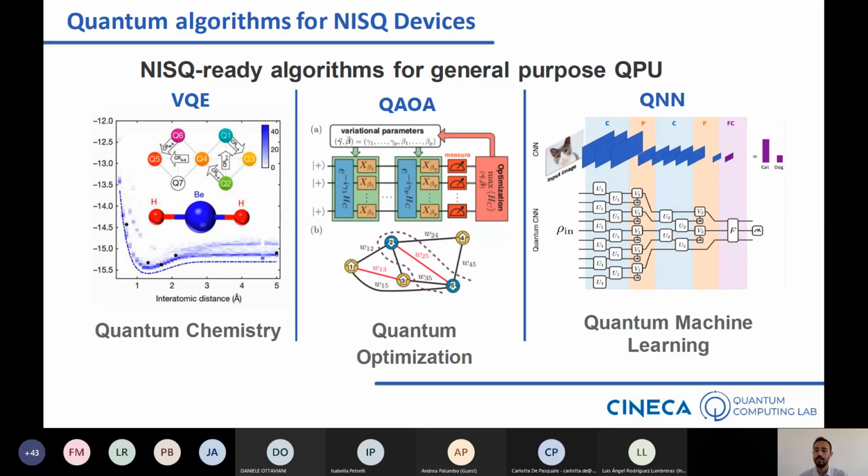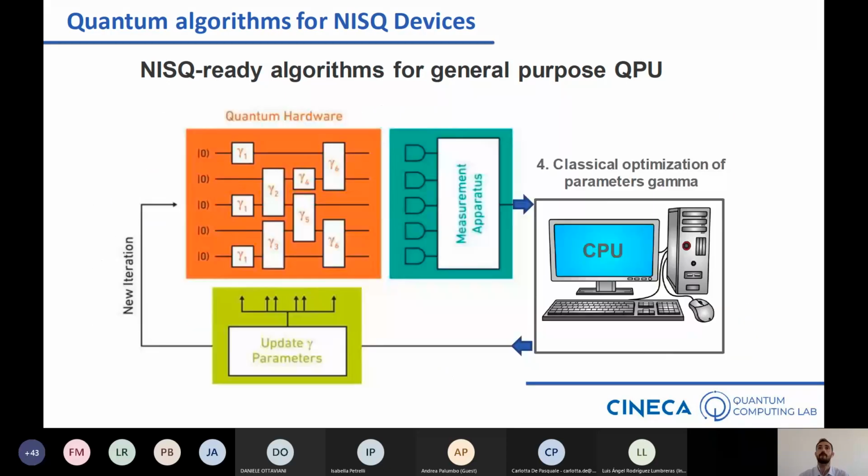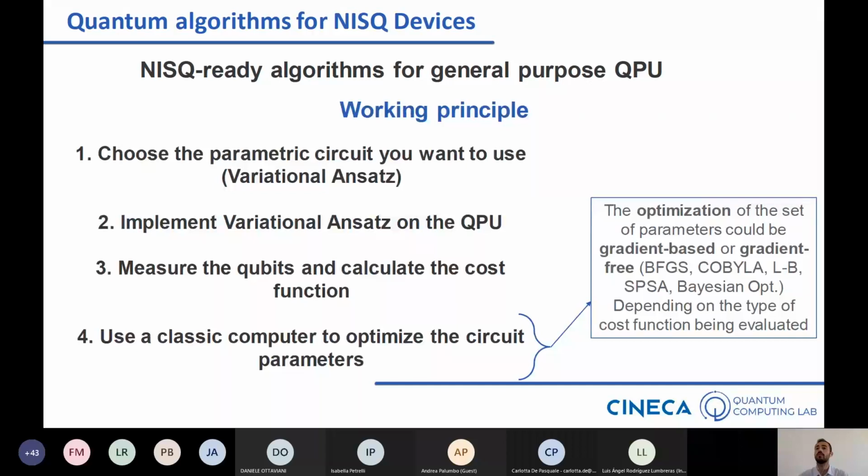Does the update of parameter gamma work? It works in the same way you do it classically. Basically, you have to optimize some function, and you can use these methods that are classical methods for optimization.